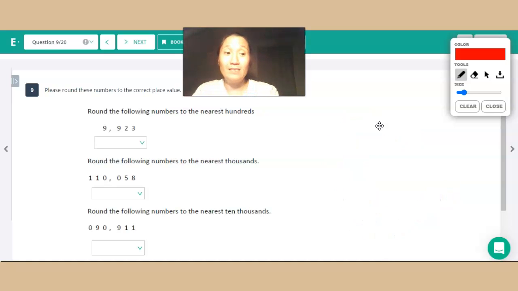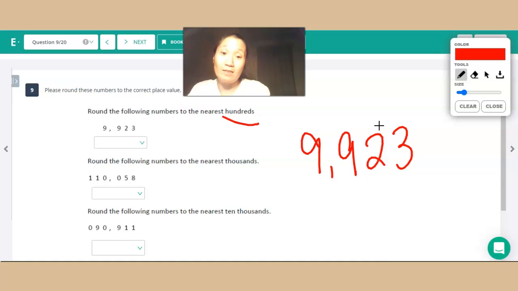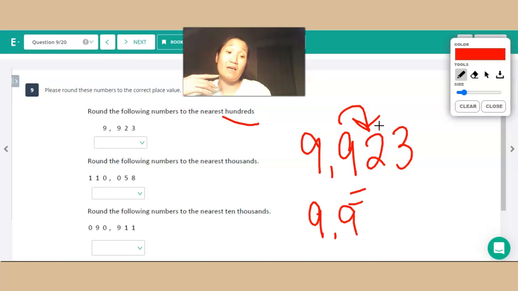Okay, so let's take a look at what we need to do here. So we have 9,923. And we're going to round to the nearest hundreds, which is there. So we're going to look, and we're going to say, hey, that number is weak. So 9 doesn't care. The 9 gets stuck, and the 2 and the 3 leave because they can't help.